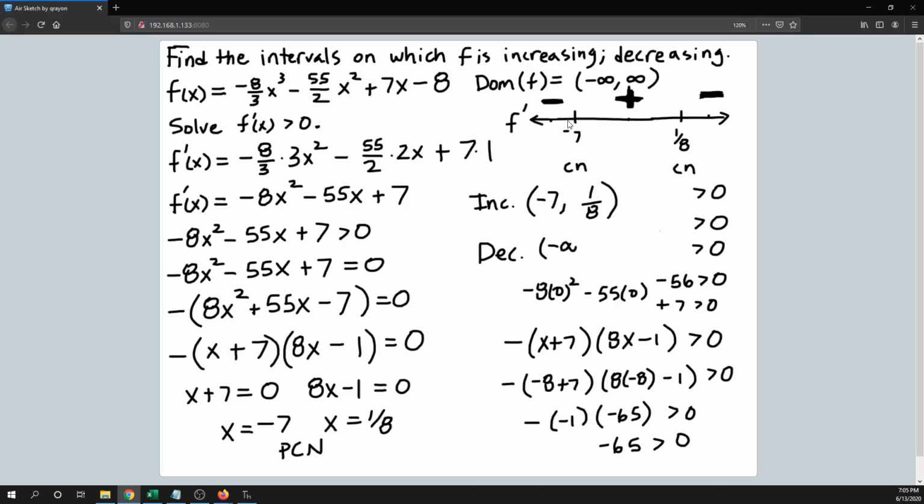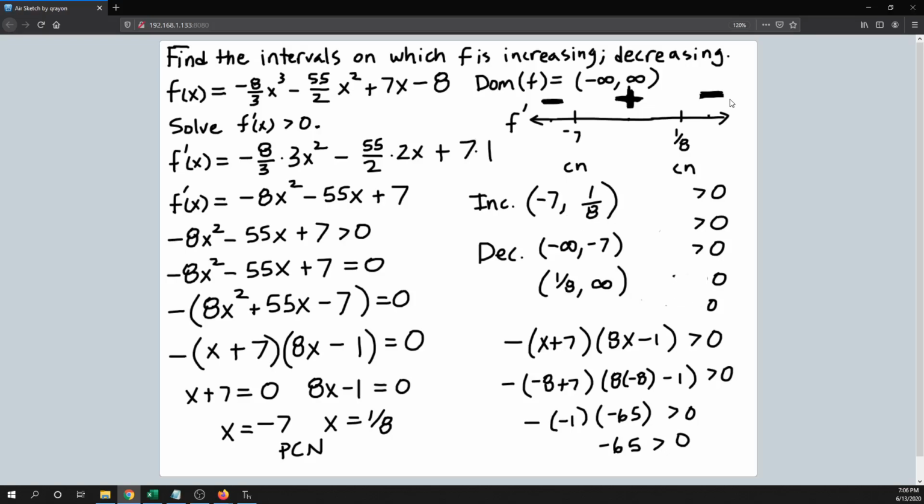So that would be from negative infinity to negative 7. And then it's going to be decreasing on this piece over here to the right of 1/8. So that's going to be 1/8 to positive infinity on that one. Okay, so there are your answers for increasing and decreasing.